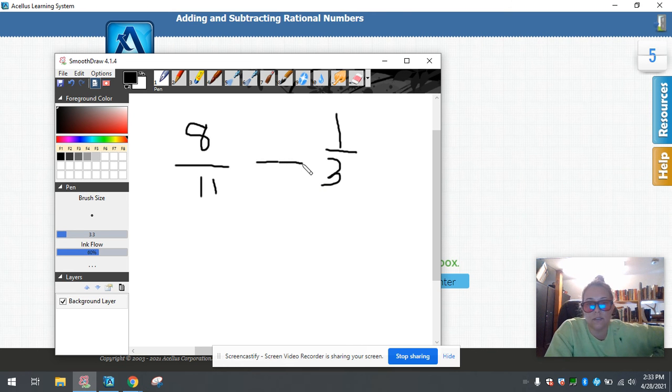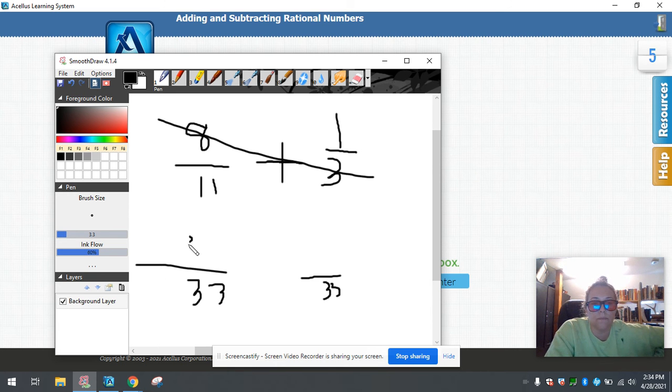Minus a minus turns into plus. Multiply the denominators and cross multiply. 3 times 11 is 33. Cross multiplying, 3 times 8 is 24. 11 times 1 is 11. I'm going to add the numerators, but not the denominator.